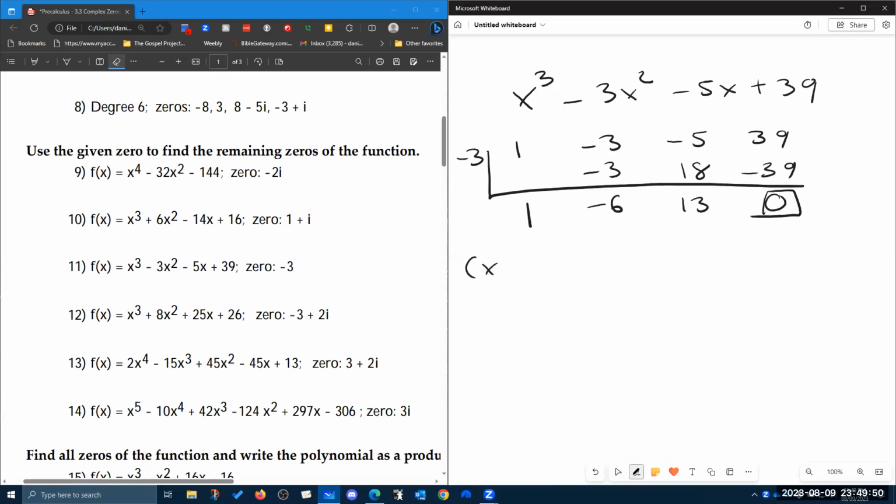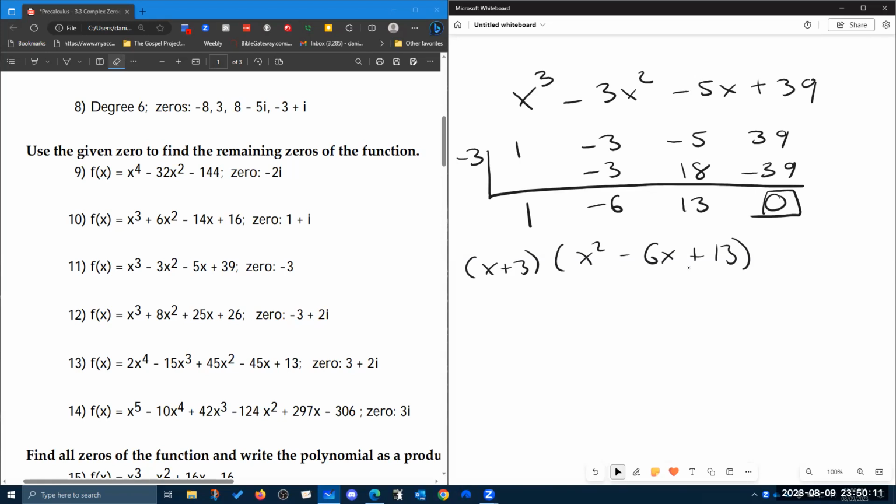So that gives me x plus 3 times x squared minus 6x plus 13. I'm not going to find any factors of 13 that add to give me negative 6. There's going to be complex answers here.